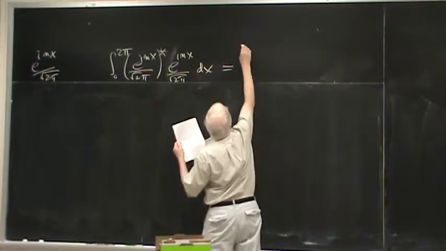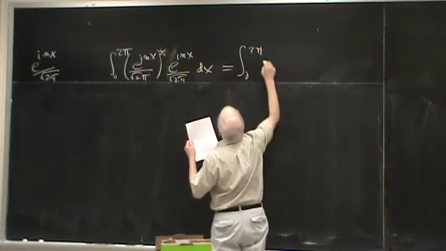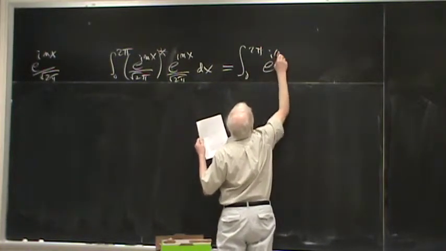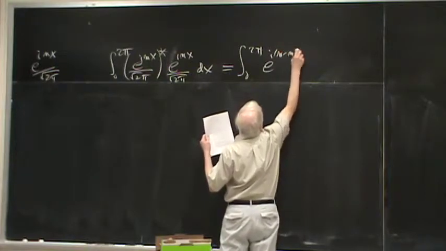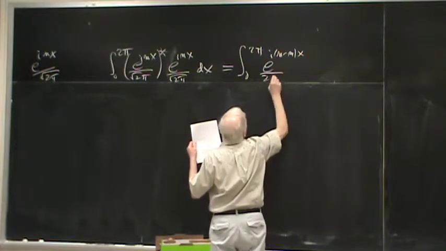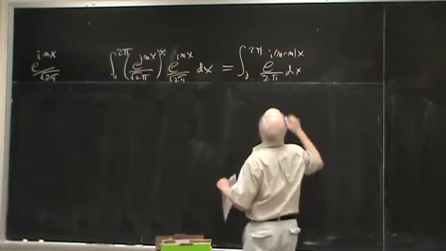This, of course, is simply the integral from 0 to 2 pi of e to the i (n minus m) x over 2 pi dx.